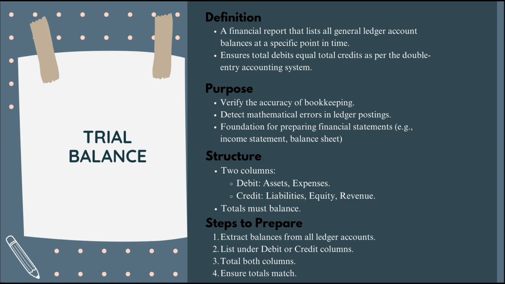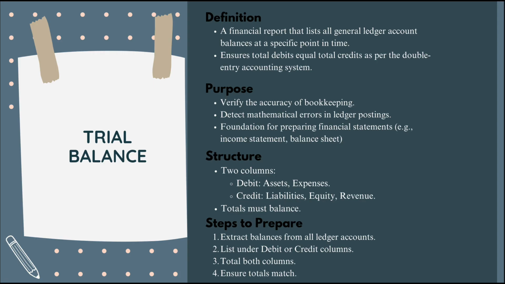Then moving to the next one is structure. The structure of this trial balance is all accounts from the ledger such as assets, which comes from cash, accounts receivable, inventory, and also the next one is liabilities, which is accounts payable, loans.